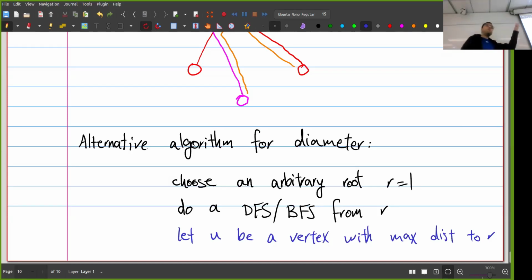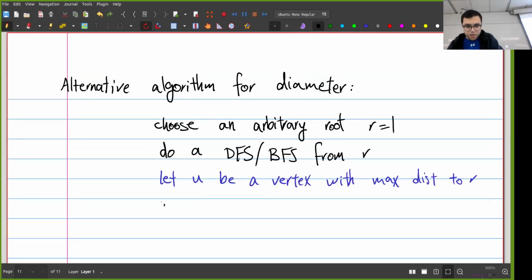Now I know that U is one endpoint of my diameter. How do you suggest I find the other endpoint? Well, I can just do a DFS or BFS from U, right? And just find the farthest vertex from U. That would be the other endpoint of my diameter. Now do a BFS or DFS from U, whichever you like.